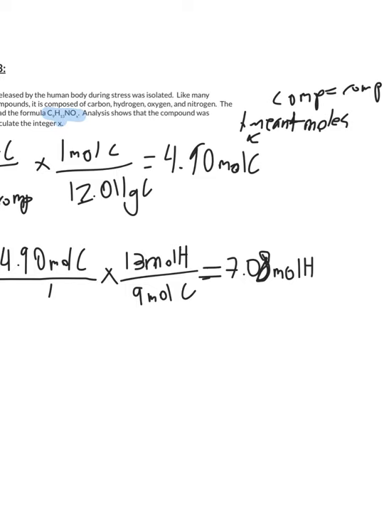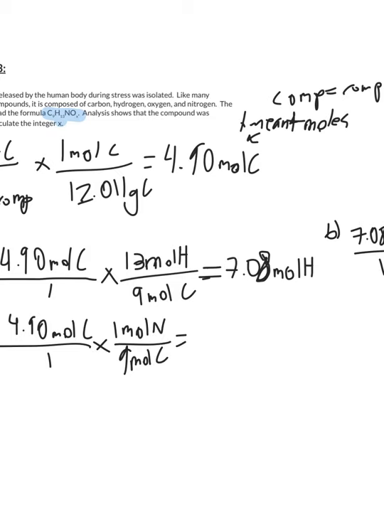And then we will convert from 7.08 moles of H to grams, so now we have both moles and grams of H. Then we will find the moles of N in the same way, using 4.9 moles of C, and then using the ratio of 1 mole of N per 9 moles of C.